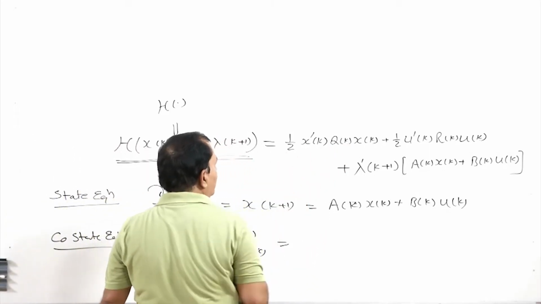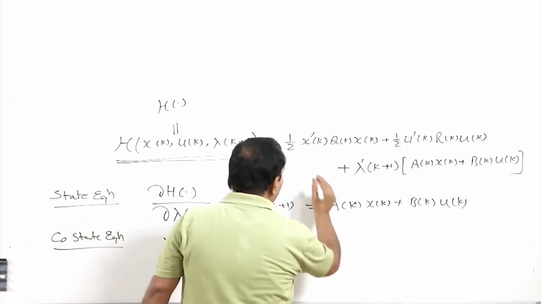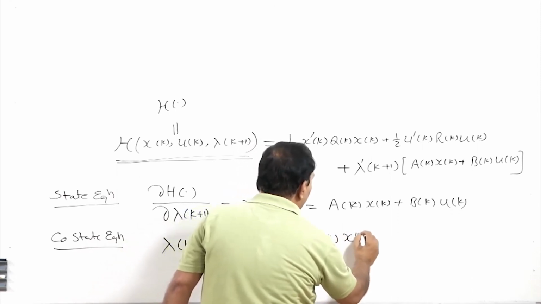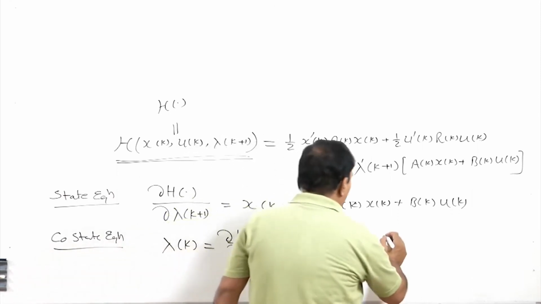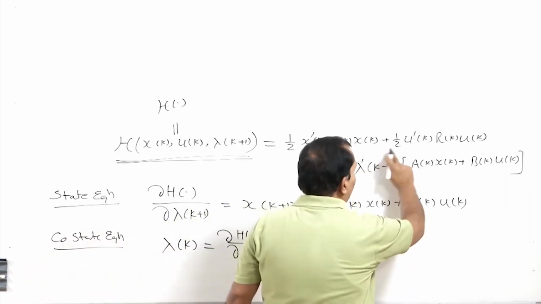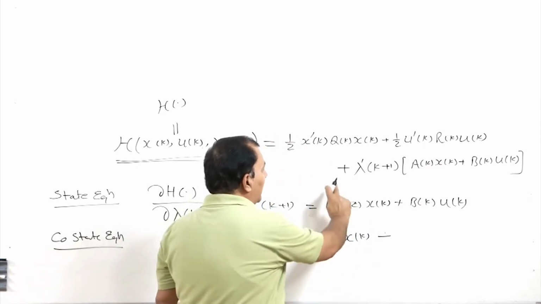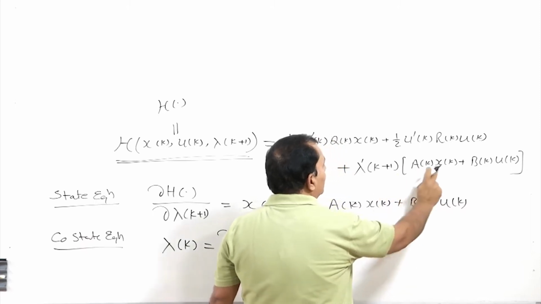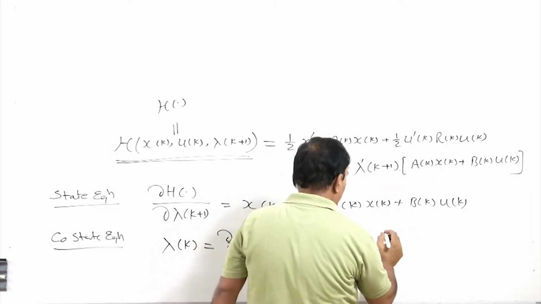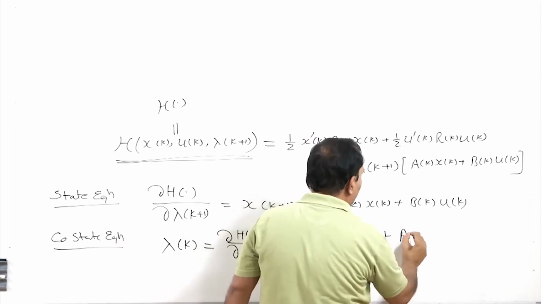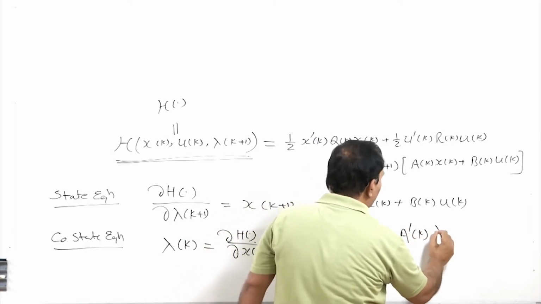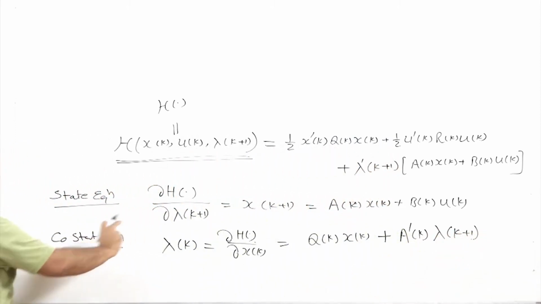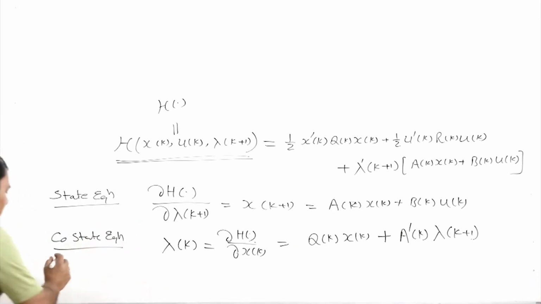My first term is a function of this, and it is a quadratic term, so this will give me Q k x of k. The second term is independent of x, and in the last term only the first factor is a function of x. So, this gives me plus A transpose k lambda k plus 1. So, this will be my co-state equation.